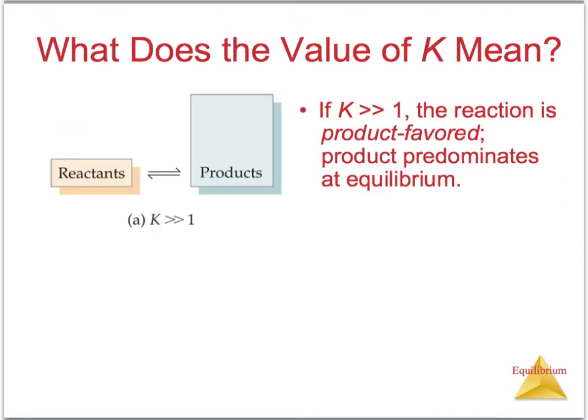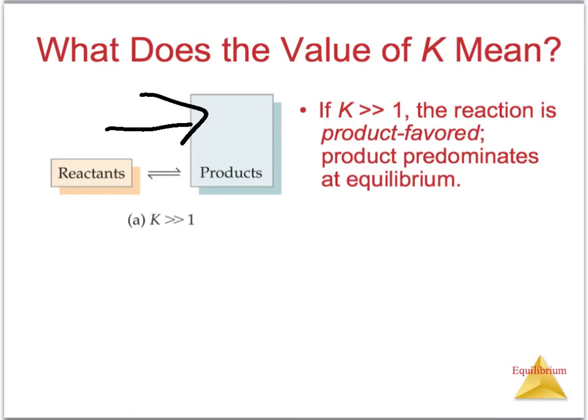So what does K mean? Well, K tells you if the forward reaction is favored or if the reverse reaction is favored. So if K is larger than 1, that means that most of the reactants are converted into products.